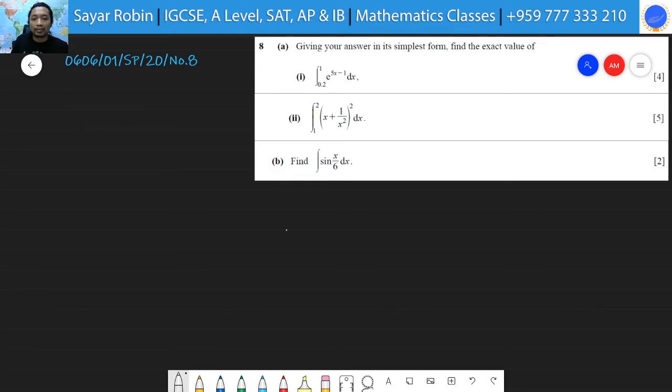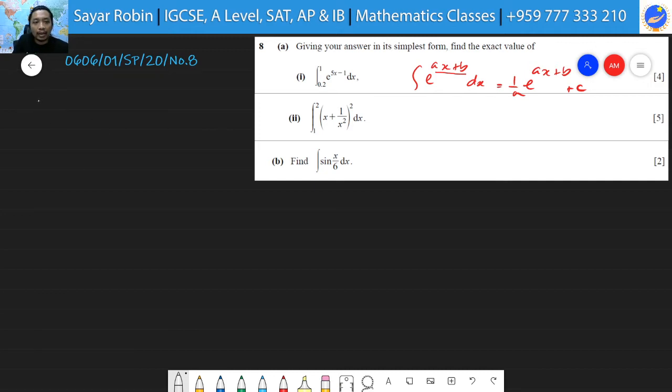Before we do it, I'm going to review the formula for integrating exponential functions. The integral of e to the power ax plus b dx is e to the power ax plus b, and then we divide by a, which means we multiply by 1 over a, and then plus c for an indefinite integral. So the inside function is the linear function ax plus b. If you know this formula, you have to try to apply it in solving this problem.